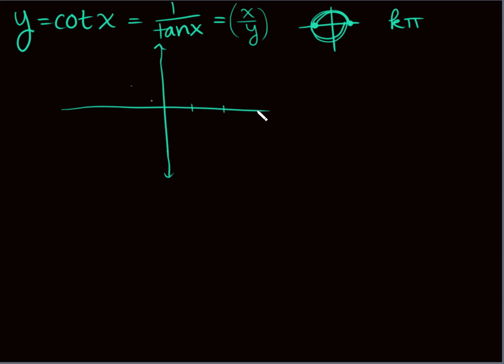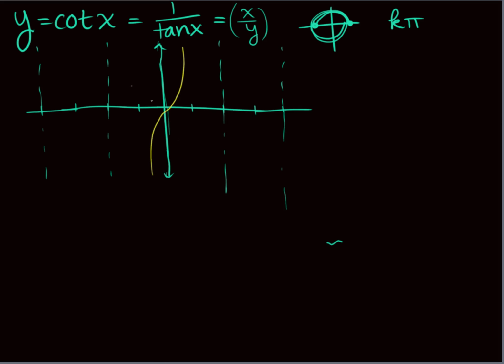So pi over 2, pi, 3 pi over 2, 2 pi, negative pi over 2, negative pi, negative 3 pi over 2, negative 2 pi. And I know at 0 I have an asymptote, at pi I have an asymptote, 2 pi, negative pi, and negative 3 pi. So, okay, let's think about this. Remember tangent looked like that.